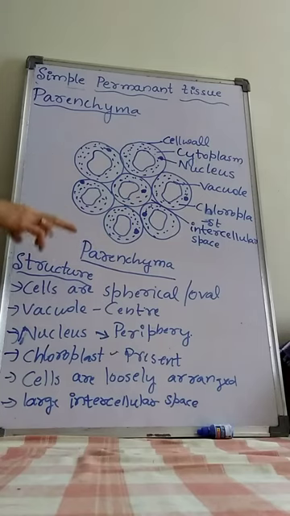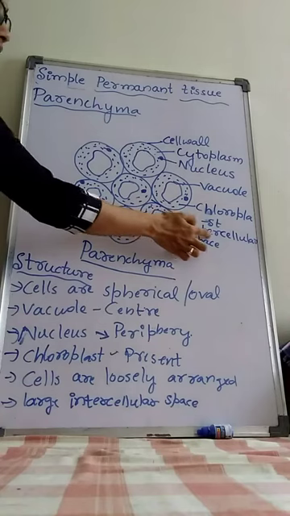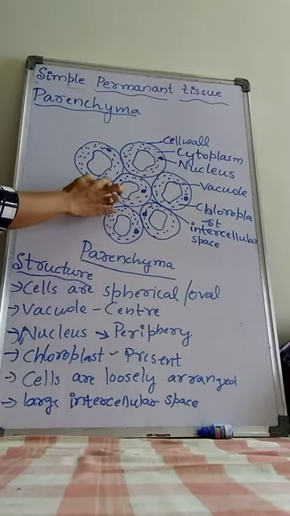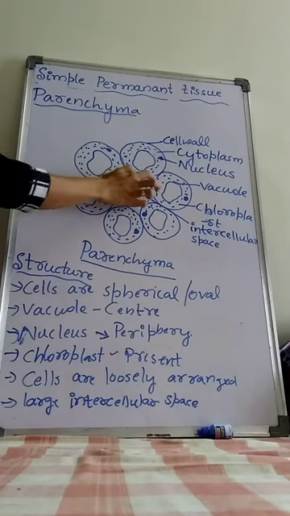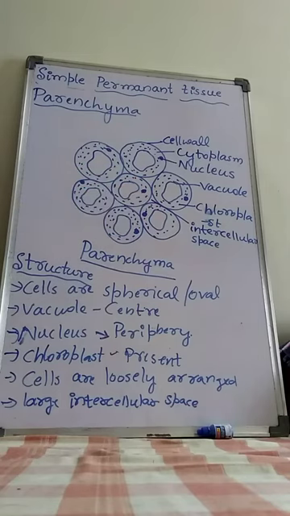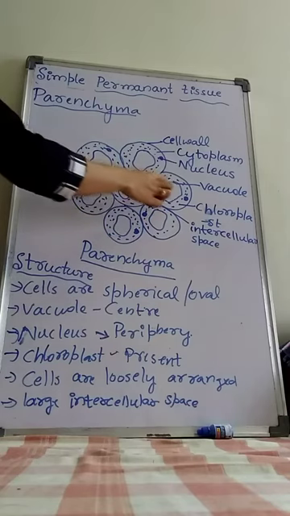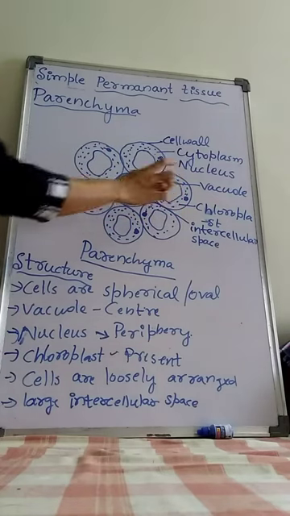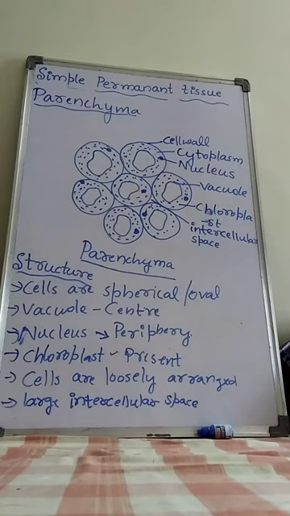At the center, a large vacuole is present and the nucleus is present at the periphery. This is about the structure of parenchyma.